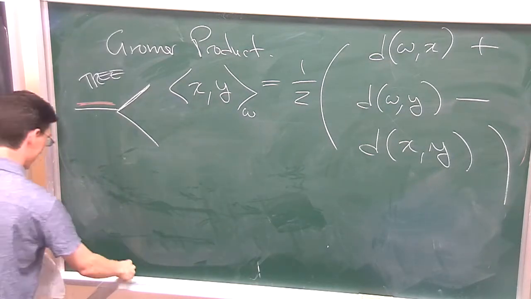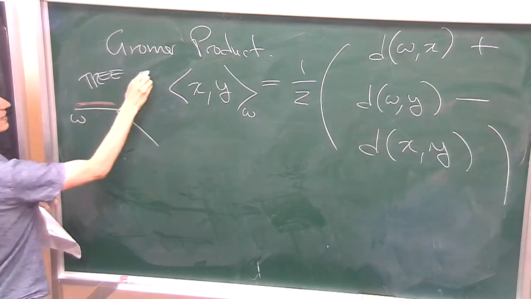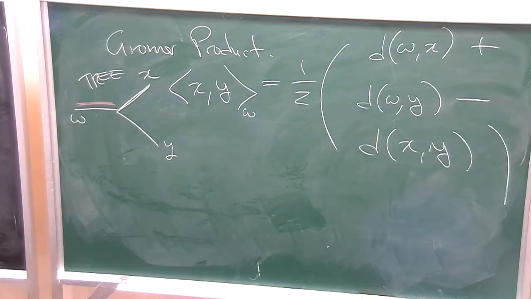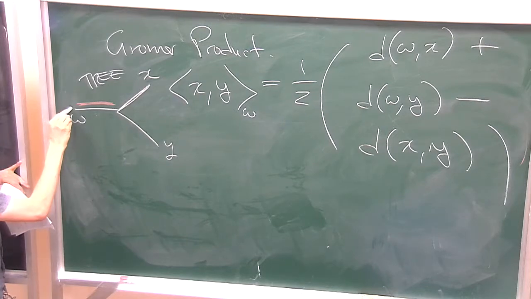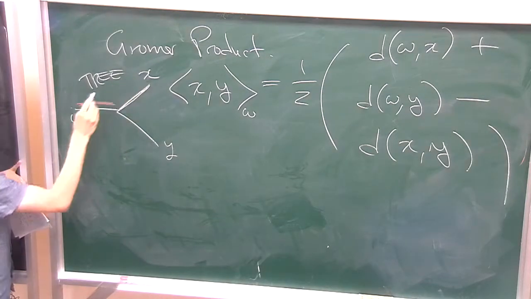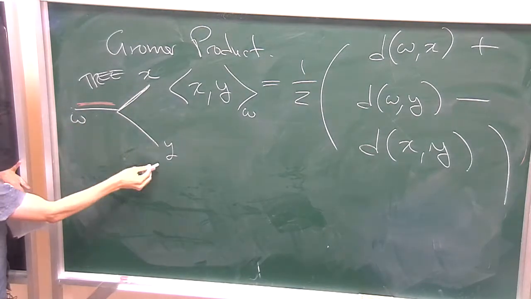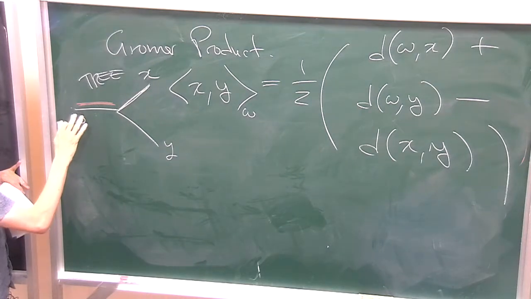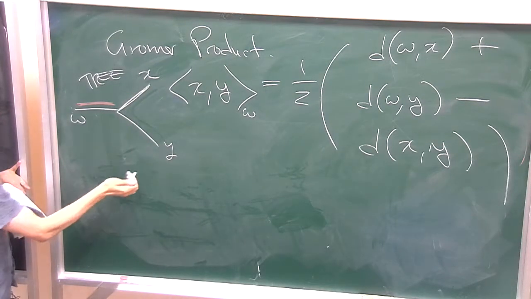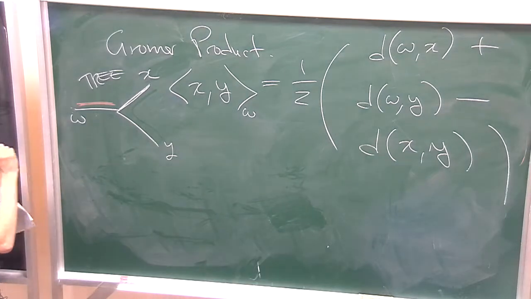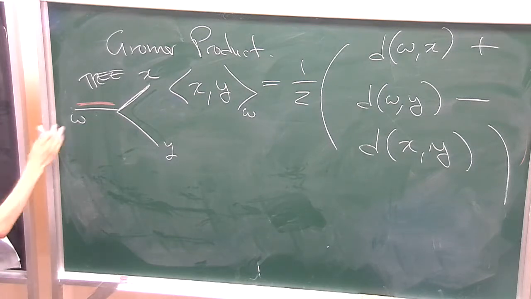Sorry, W, X, and Y. I go along from my base point out to X, and then I go along W out to Y. There's some double counting there, and then I subtract off the other geodesic between those 2 points. So it's measuring how far along they walk together, in some sense.